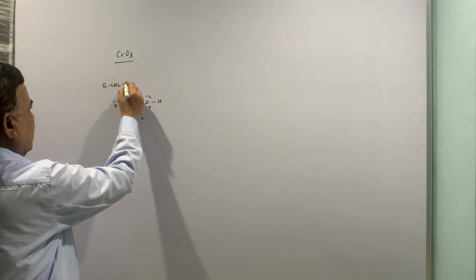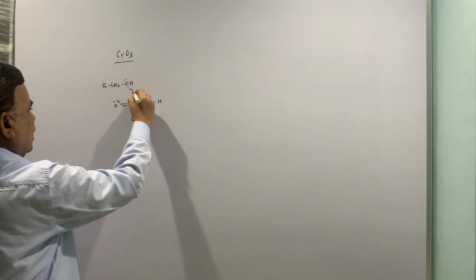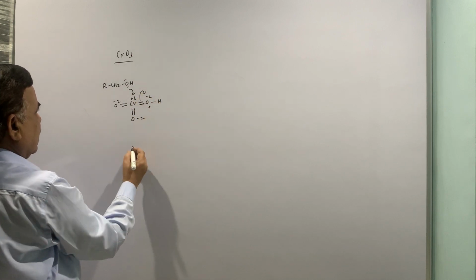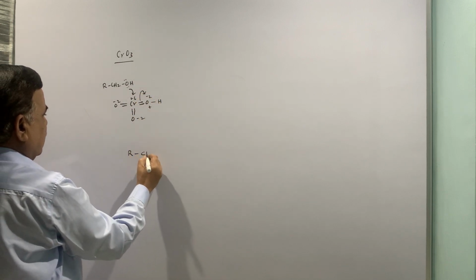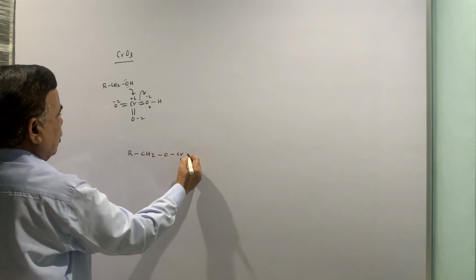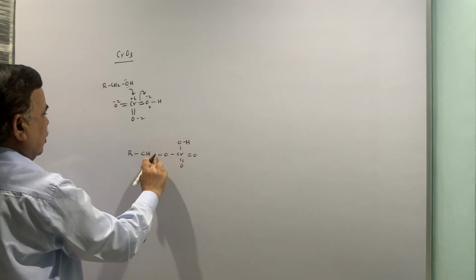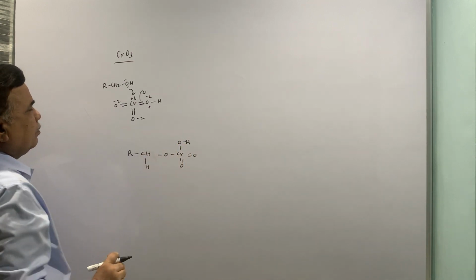Now we are treating it with a primary alcohol. Let us say that primary alcohol is interacting with this, and what you get, CH2O, Cr, double bond O, double bond O, OH. Now let me put this H here.